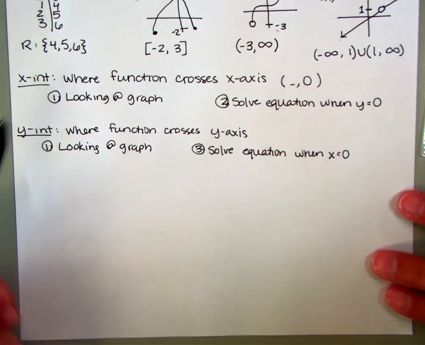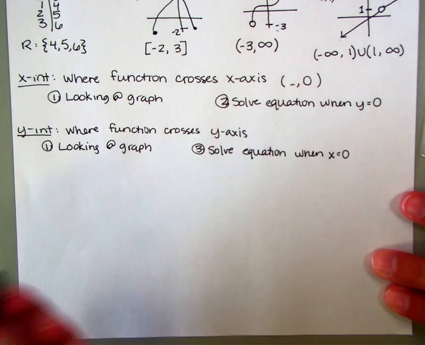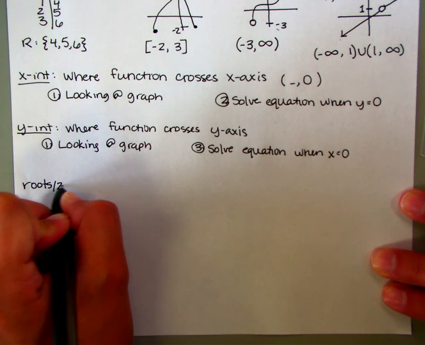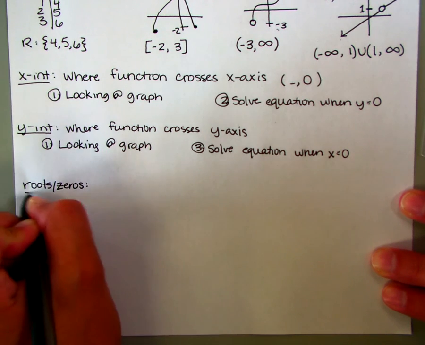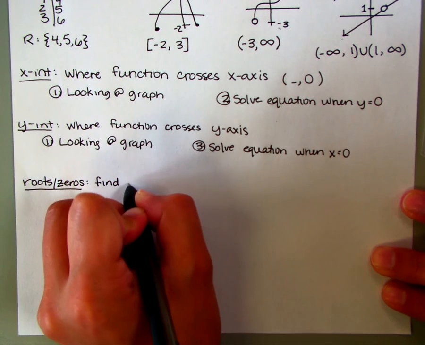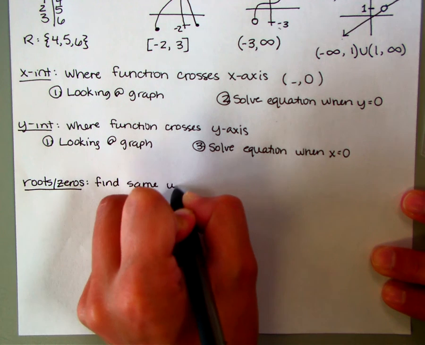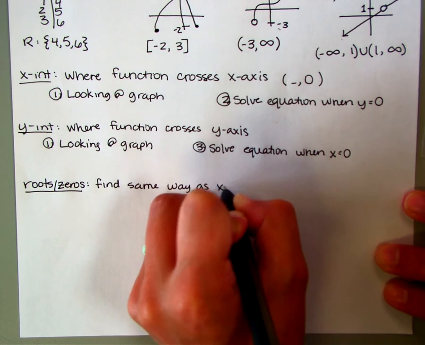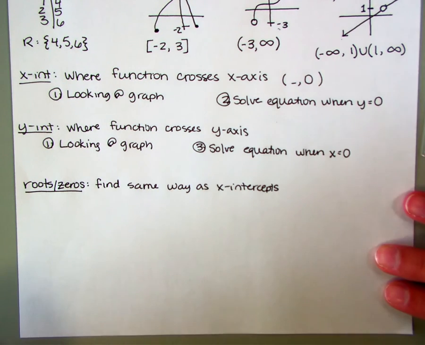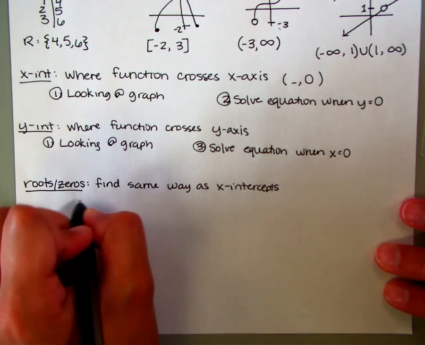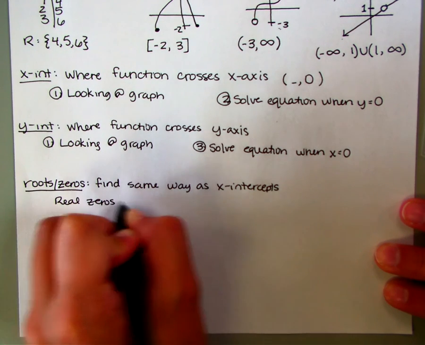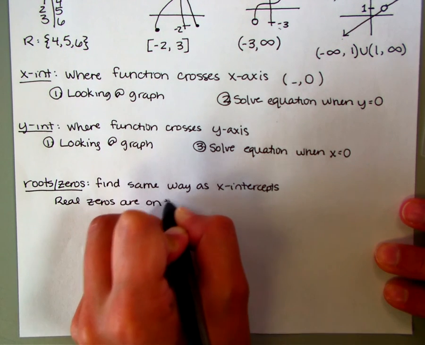So in addition, your x-intercepts could also be called your roots or your zeros. And so you find those the same way as x-intercepts. But I do want to remind you that real zeros are on the graph.